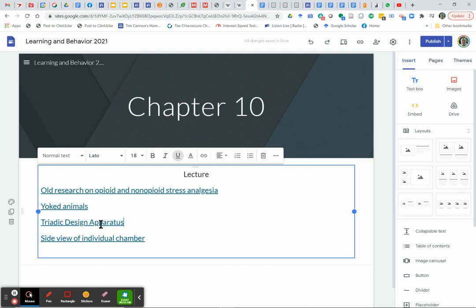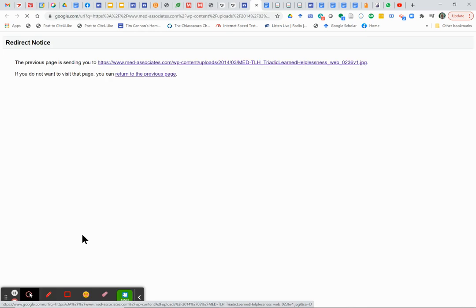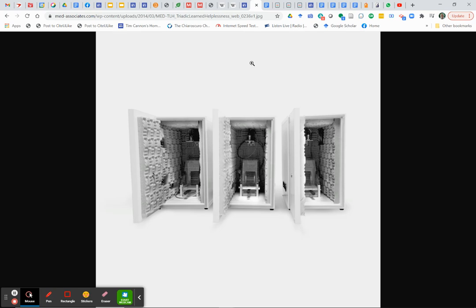And here's a picture of the triadic design apparatus. I built some of this, but not the whole deal. So you go to your behavioral equipment store and you buy these chambers.